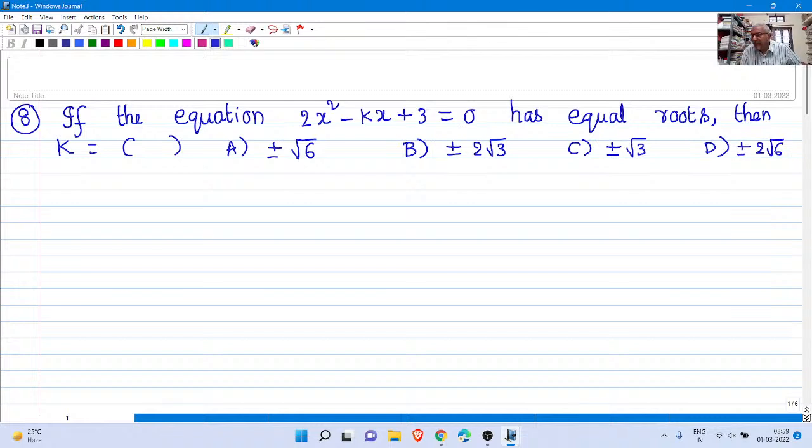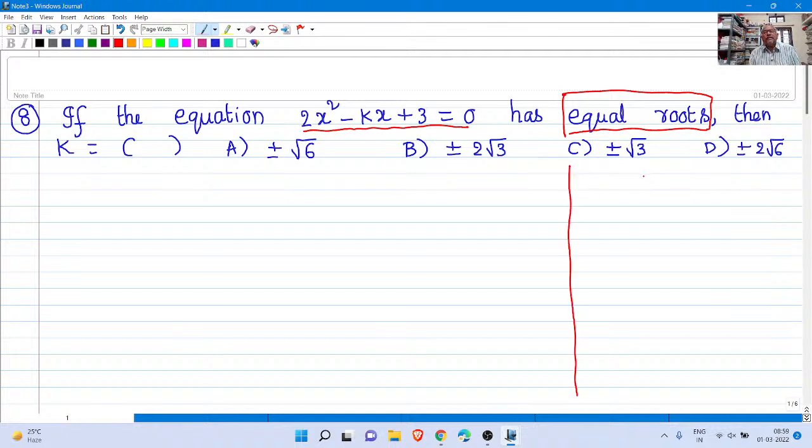This is a very, very important question. It may be useful for board examinations of Telangana and Andhra Pradesh, and in all different kinds of competitive entrance examinations also. If the quadratic equation 2x square minus kx plus 3 is equal to 0 has equal roots, the problem is based on the nature of the roots.